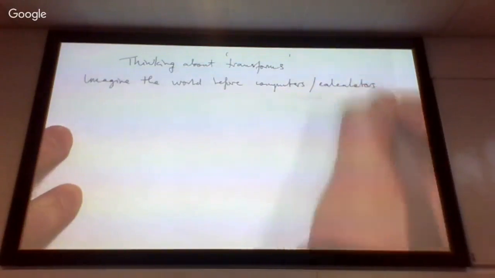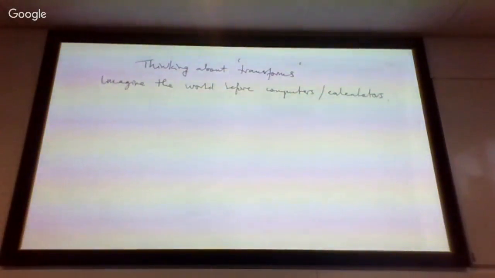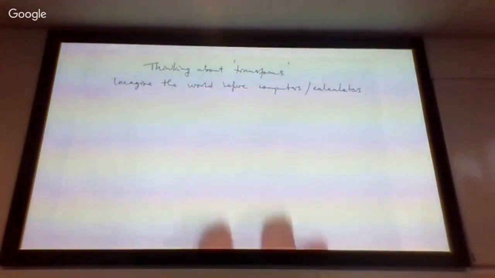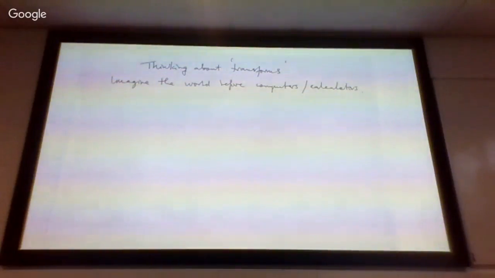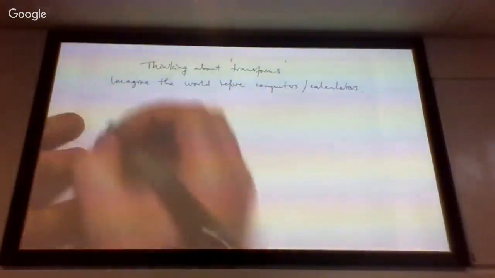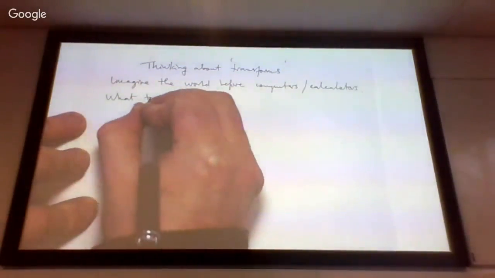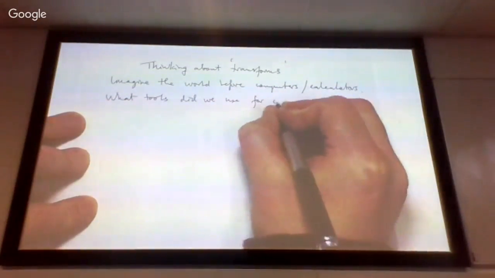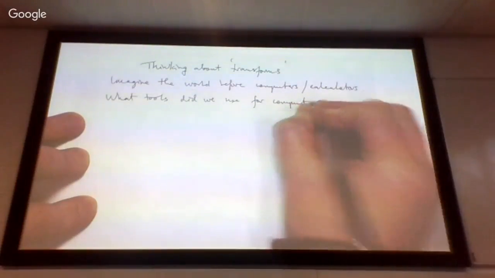Okay, it's not that long ago. So, we've obviously been doing maths and science for a very long time, long before there were any automatic calculating machines. So how did people do numerical computations? What tools did we use for computations before we had computers or calculators?